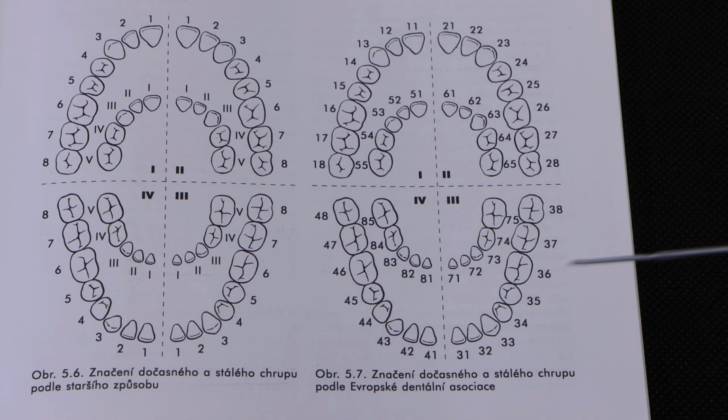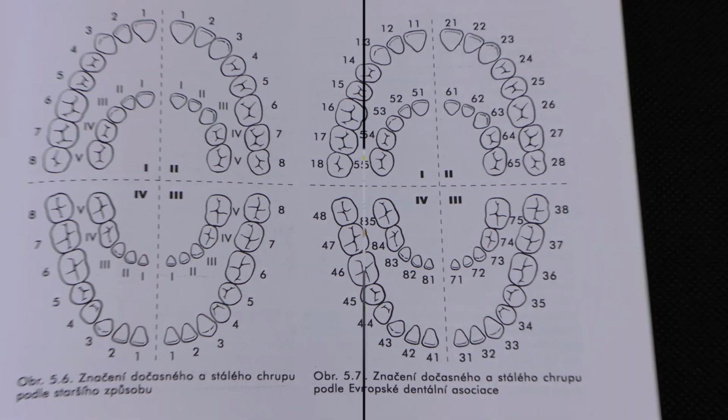If you write it with a capital letter, it means that it's a permanent tooth, and if you write it with a small letter, it's a deciduous tooth. Of course, there are different types of writing and determining the teeth.